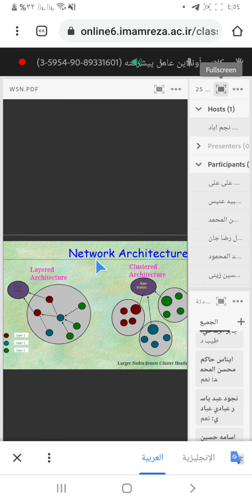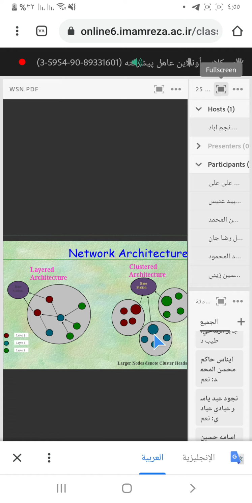And in another architecture, in cluster architecture, the nodes are grouped into some clusters. Usually this clustering is done according to the distance between nodes.